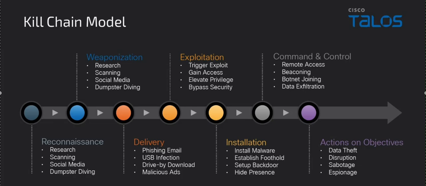Based on the kill chain model, there are some ways to do this: phishing mail, malicious IDS, malvertising, drive-by download, and USB infection.